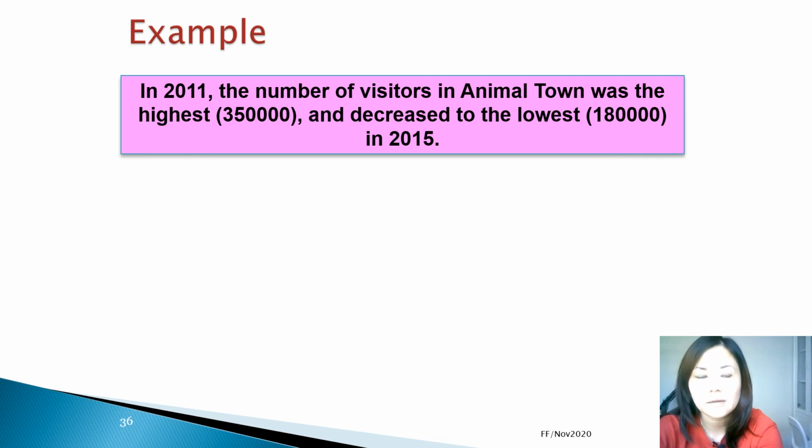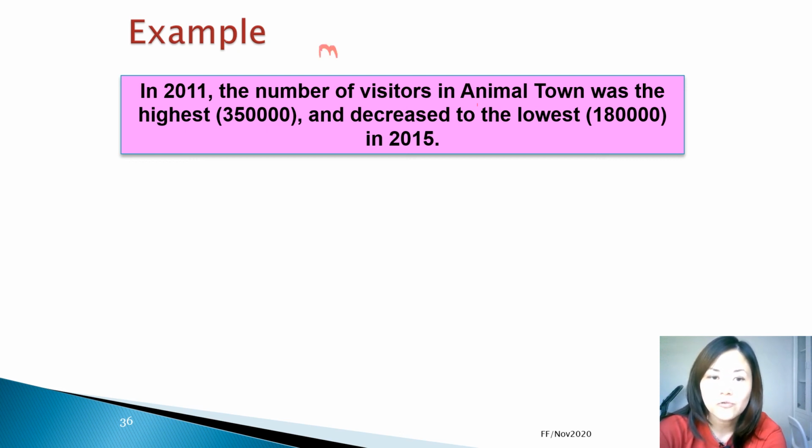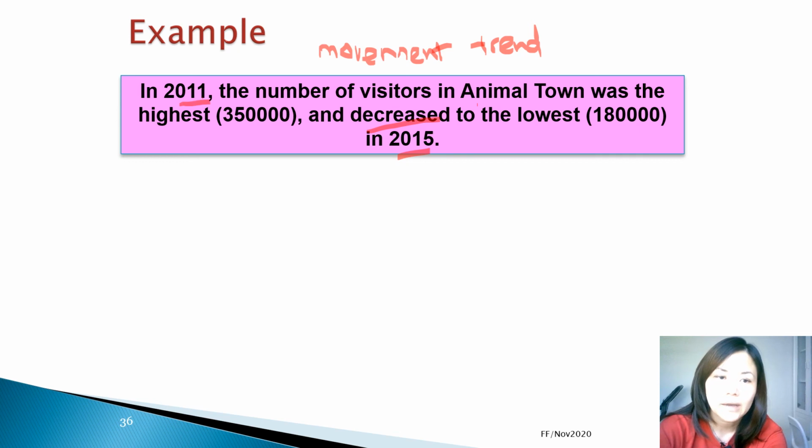Here's another example. In 2011, the number of visitors in Animal Town was the highest, 350,000, and decreased to the lowest, 180,000 in 2015. So this indicates a movement trend of decrease, right? It decreased from 2011 to 2015. Okay, this one is accepted.